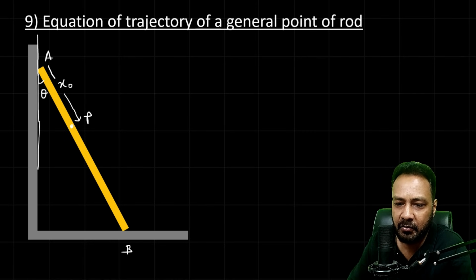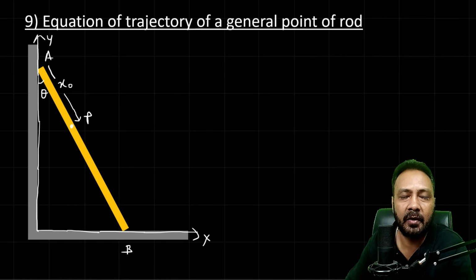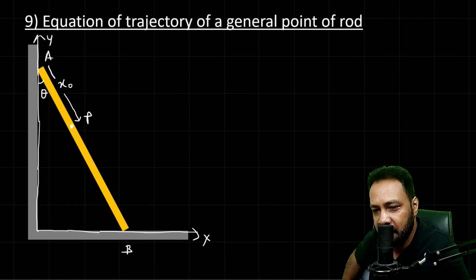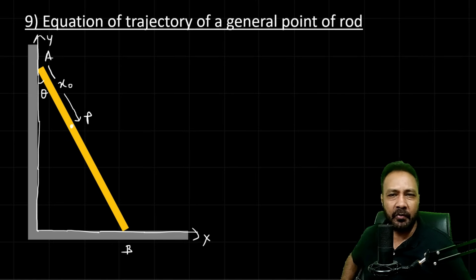Now, in fact, equation of trajectory is independent of theta, so I am taking a general moment here. So first of all, let me go ahead in a purely intuitive way.